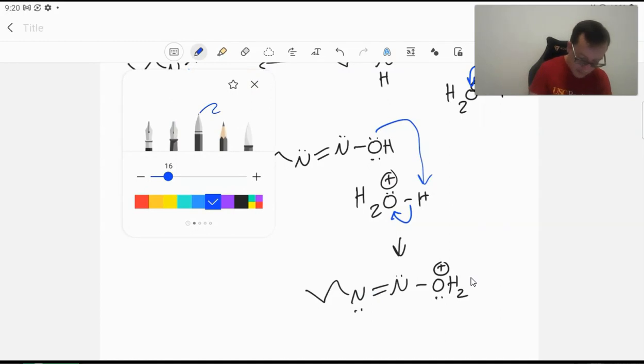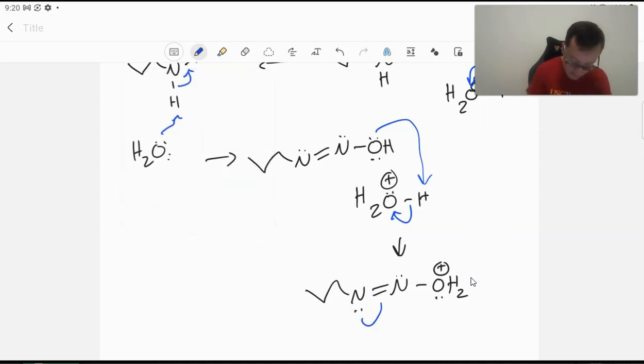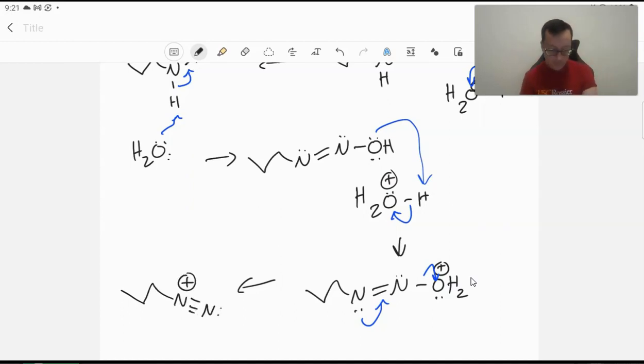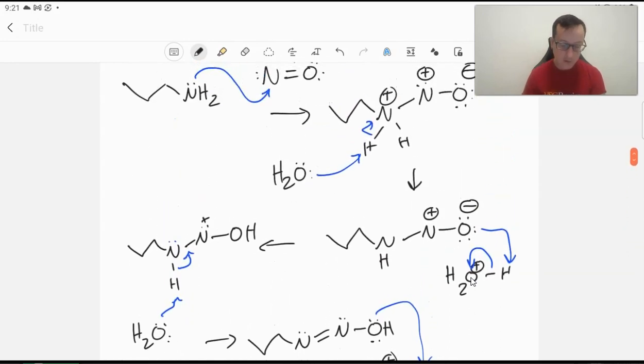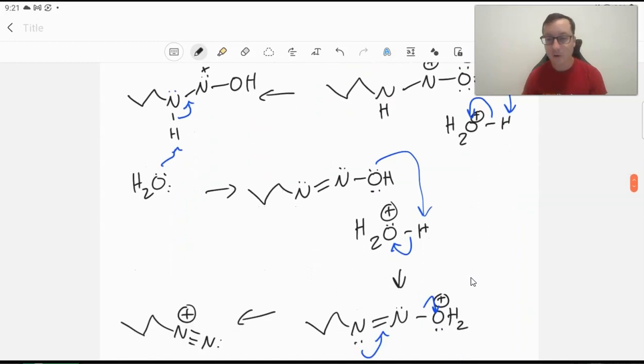Simply, we close down this bit here, and we end up kicking out our water for like the fifth time. And now we have this dude. So we have our diazonium. Hooray. Exciting stuff. So it's a process of just proton transfer, proton transfer, proton transfer, and then finally our water leaves. And that's the entire mechanism.